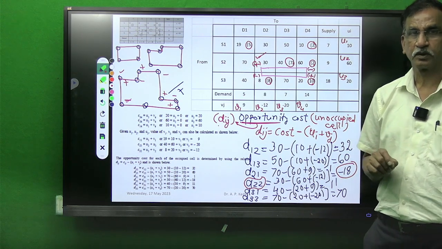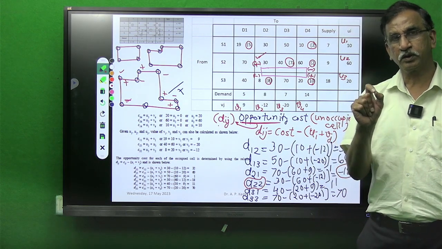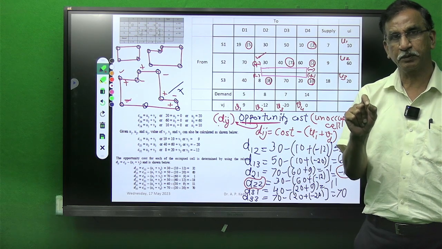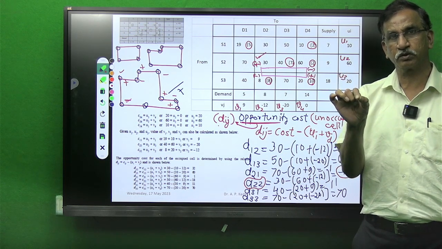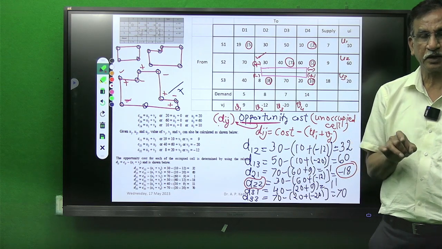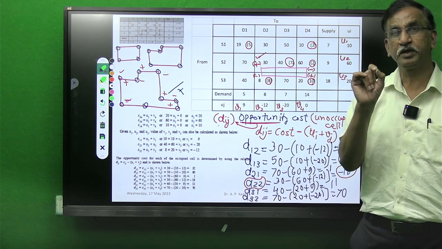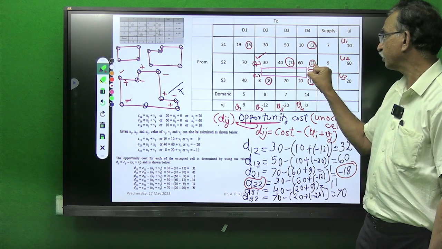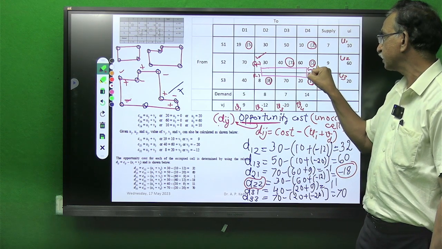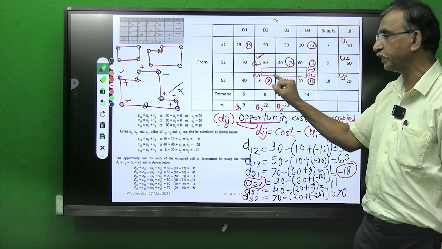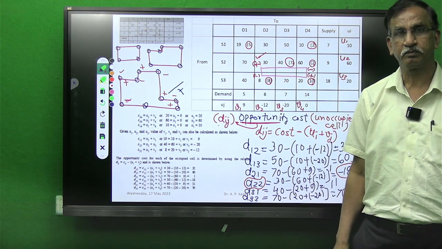Important step. From the cells with minus sign, identify the previous allocation values, and in that select the minimum allocation value. Here we are having one allocation value with minus sign as 12, other as 8. Out of 12 and 8, which is minimum?